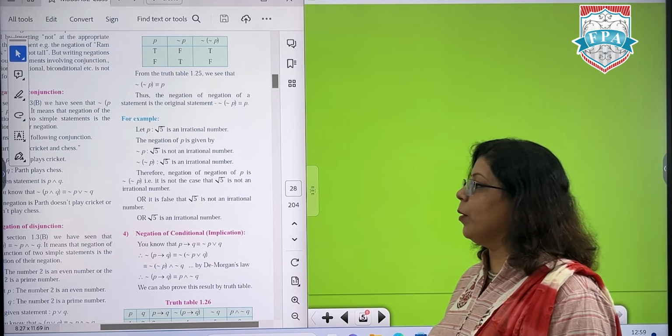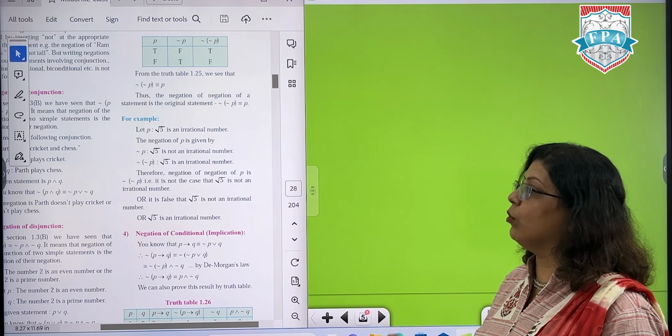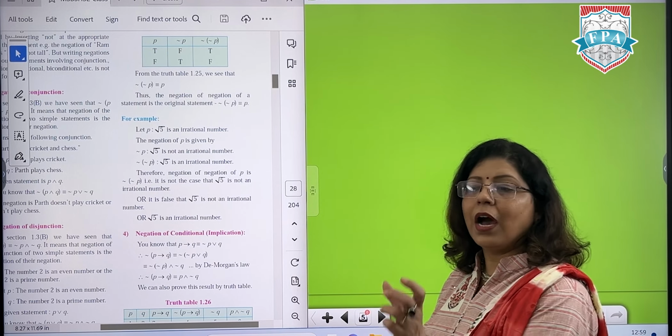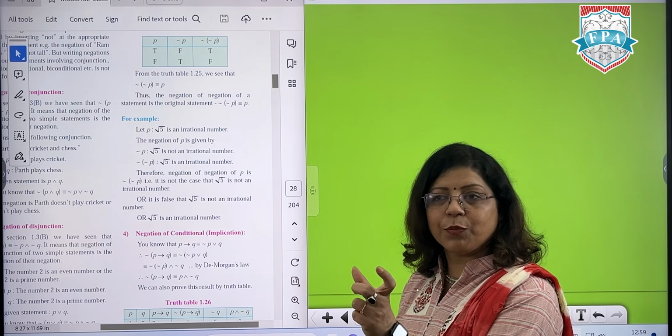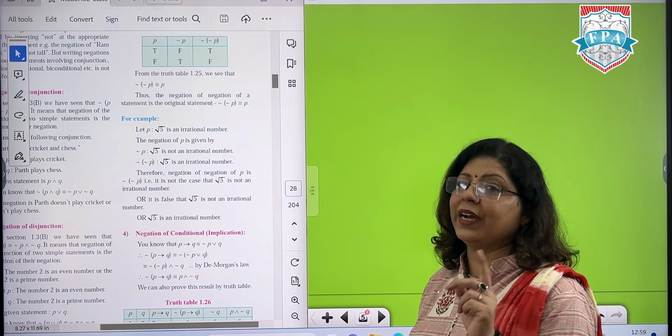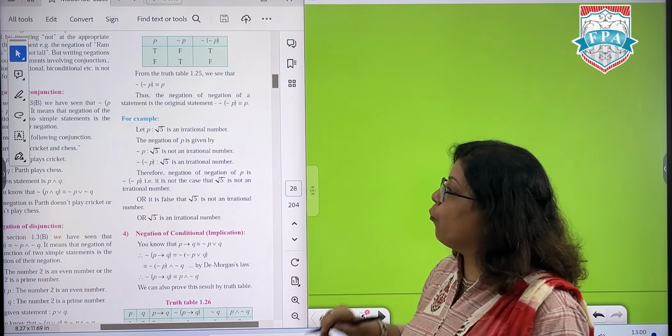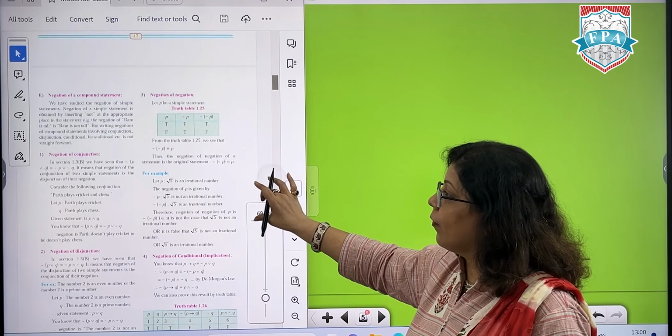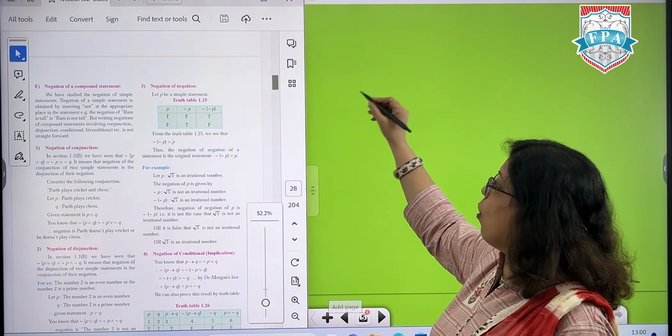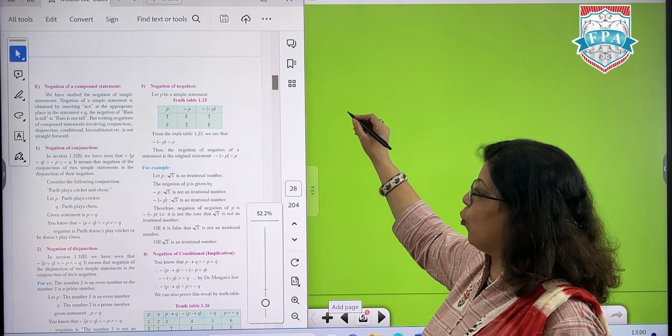But now the problem comes if we have to find out the negation of a compound statement, which is already joined with a connective. So the first condition we are taking here is for conjunction. Okay. So negation of a conjunction is the statement over there.